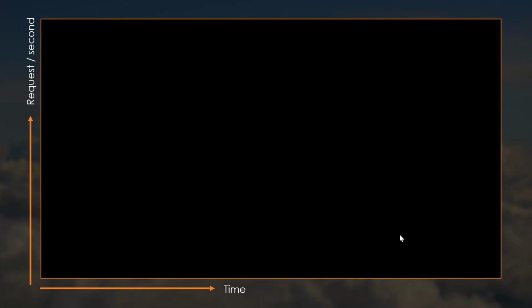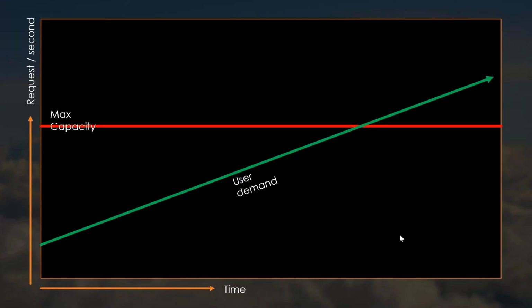That means the demand is high at that time. If my max capacity supports only 500 users during 10 a.m. to 11 a.m., and my users go above 500, what is going to happen? My application will fail.